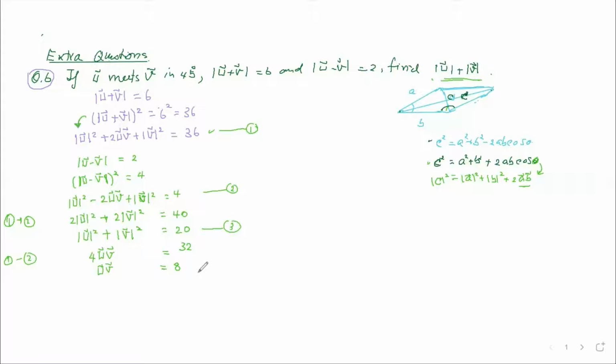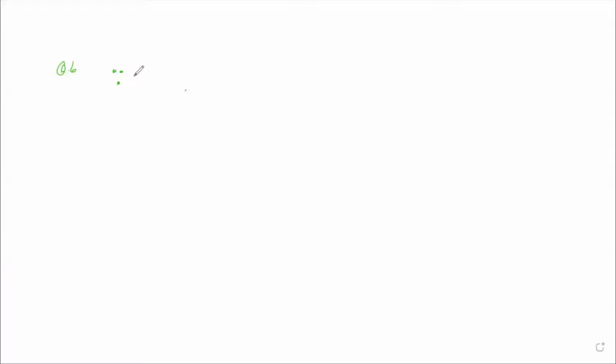From this one, what we can have, because we know the inner product or dot product formula, right? We have vector u times vector v equal to the distance of vector u times the distance of vector v times cosine theta.